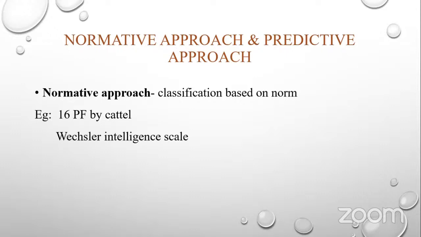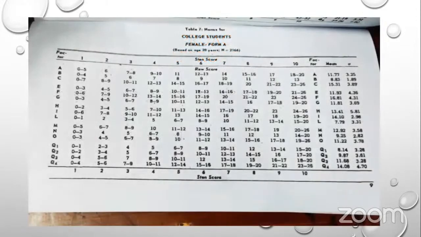So when we transform the scores, we can compare the individuals, we can find the individual's relative position in a particular group. So an example of normative approach is 16 PF by Cattell. And you can also consider another example, that is Wechsler intelligence scale. So in these scales, we are using this normative approach. Here, this one is 16 PF norm, we can see here the female, based on 20 years.